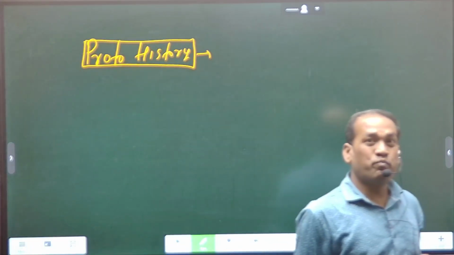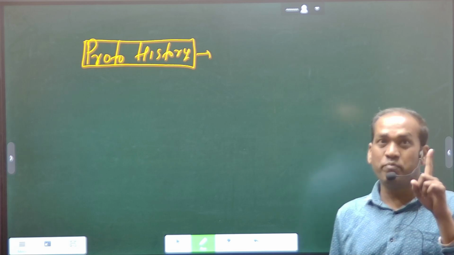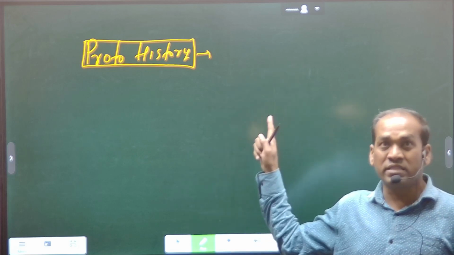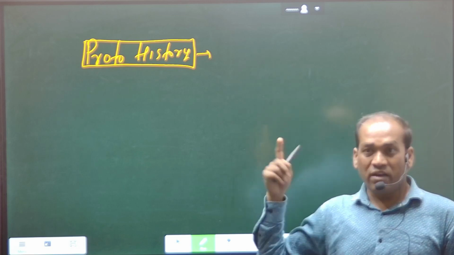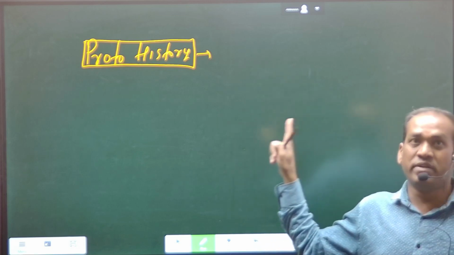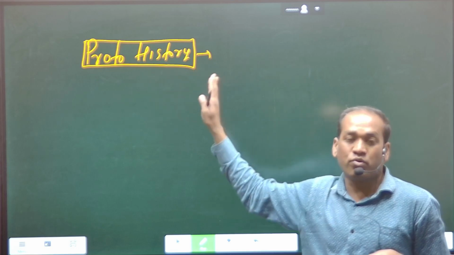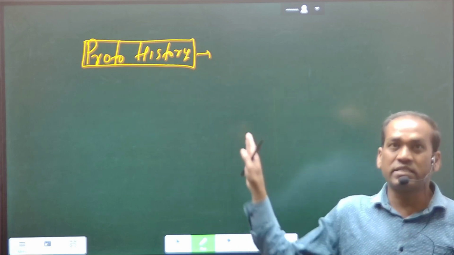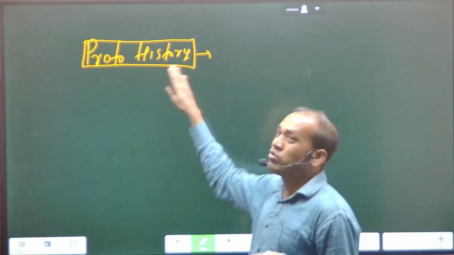Next is proto-history. History is divided into three main parts. First is prehistory, second is proto-history, third is history. We have already completed prehistory. Now let us understand proto-history. So what is proto-history?